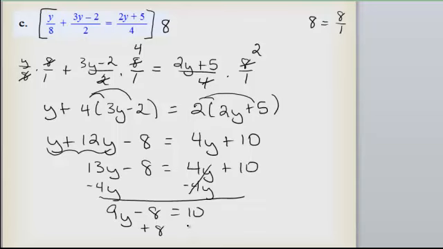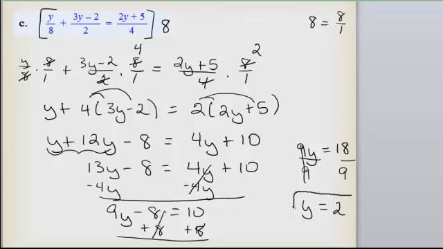Add the constant. So we're going to end up with 9y equals 18. To get rid of times 9, we need to divide by 9. That's 1, so y is equal to 2. Don't forget to check your answers.